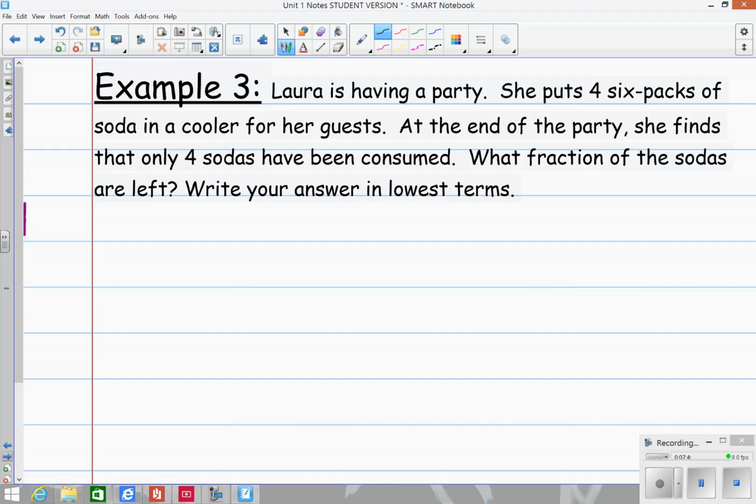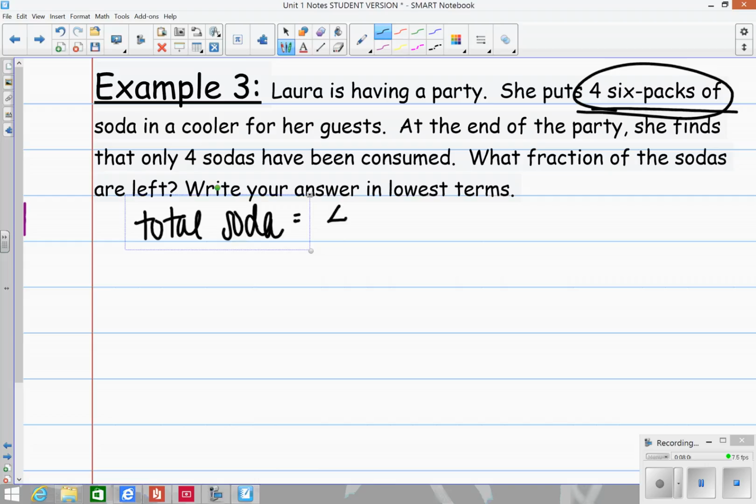So basically, she's putting 4 6-packs. So the total number of soda then, so let's just write that down. So total soda. If she has 4 6-packs, well, 4 times 6 is 24 sodas. So that's the total number of sodas.